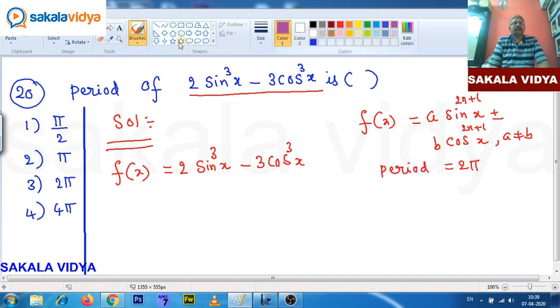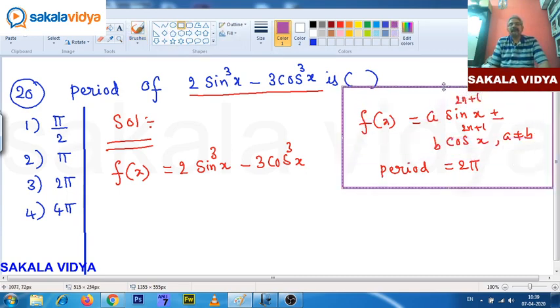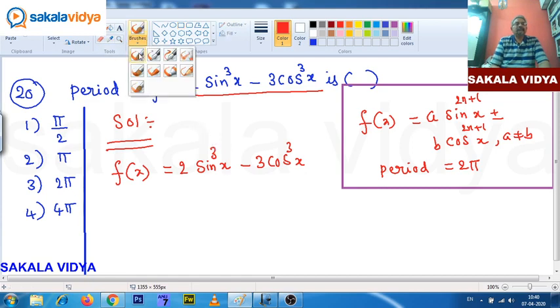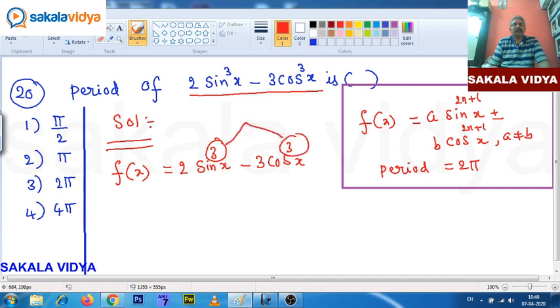So you remember this important point. Okay. So now here this 3 is odd, both are odd powers. Therefore, using this condition, period is equal to 2 pi. So that means third option.